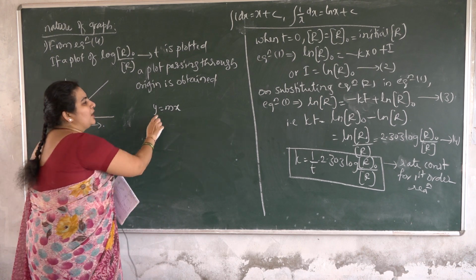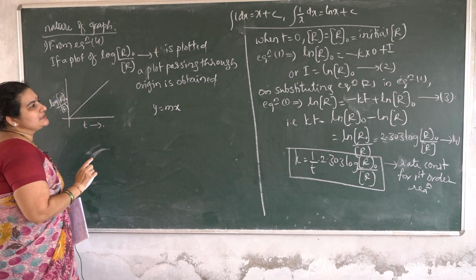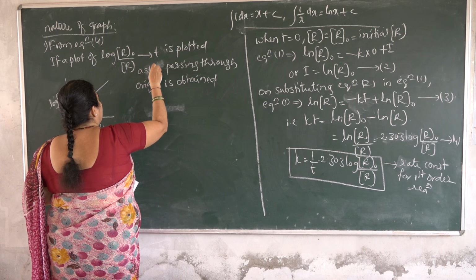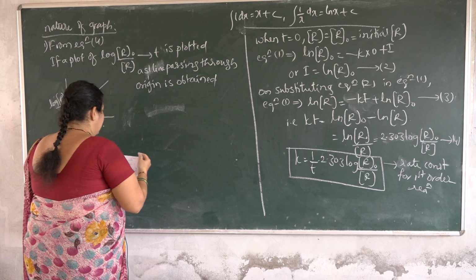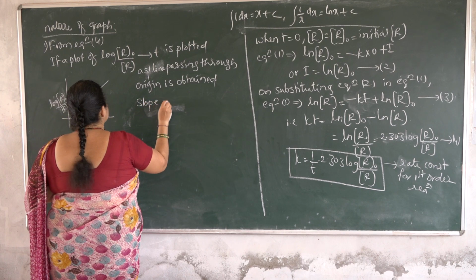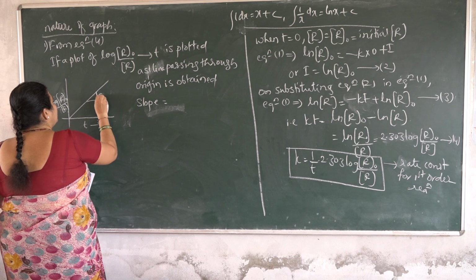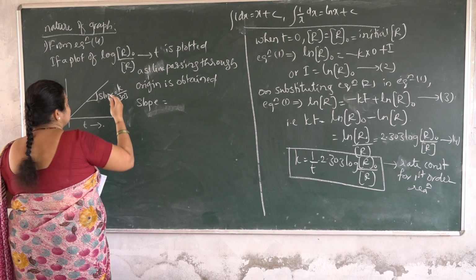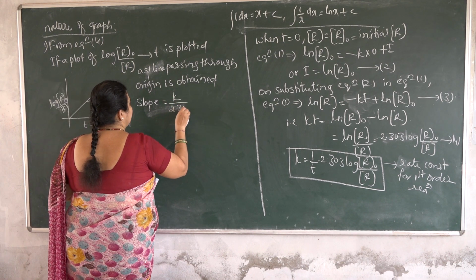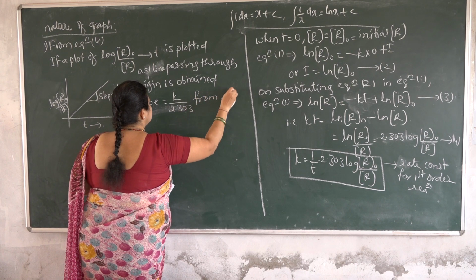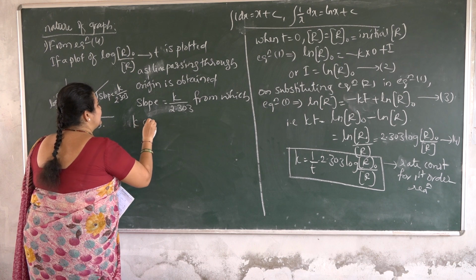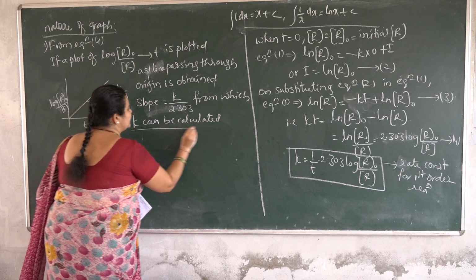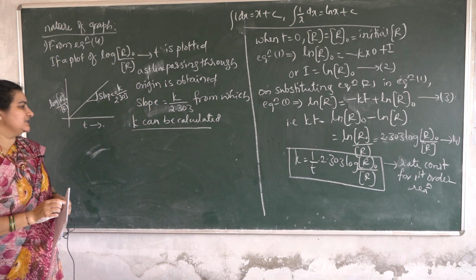So a straight line passing through origin is obtained with the slope equal to k divided by 2.303, from which k can be calculated. So this is the method from which we can calculate the value of rate constant graphically.